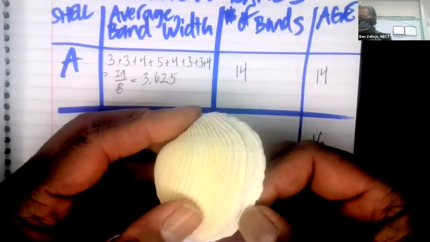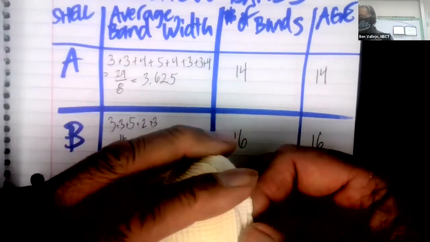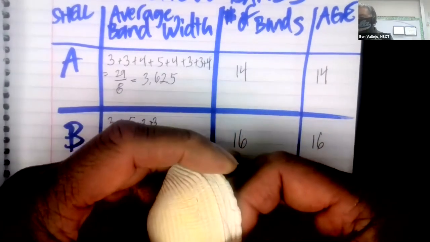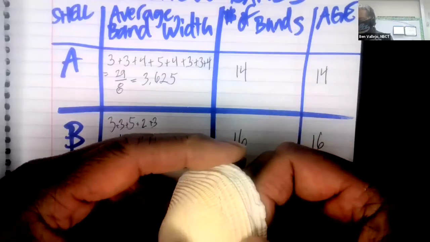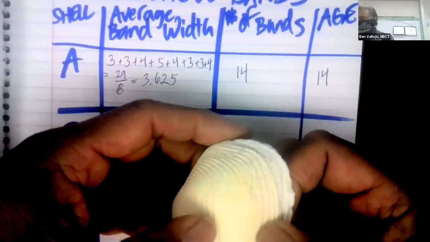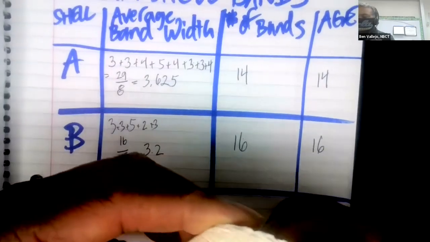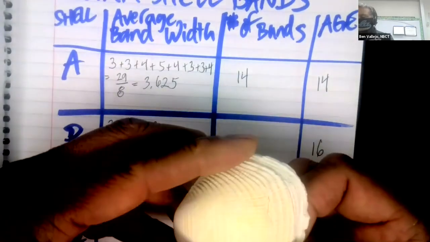Here we go, 1, 2, and then this band right here is this really big one. 3. Let's see. Hard to see on this now. I mean, because if you take a look, you feel it.